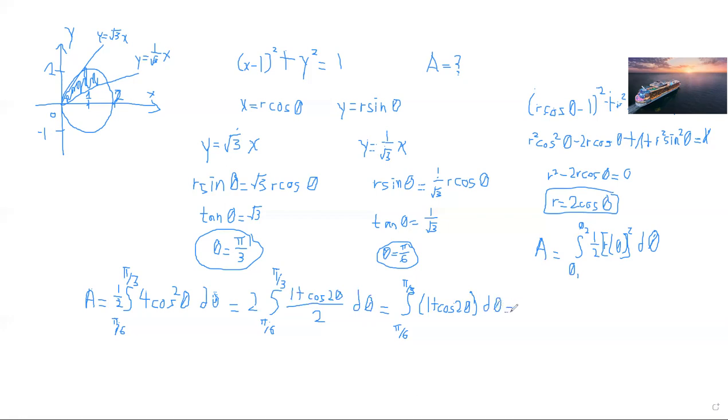When you find the antiderivative, it's theta plus 1 over 2 sine 2 theta, from pi over 6 to pi over 3.